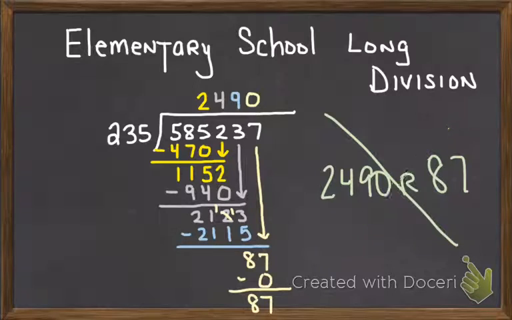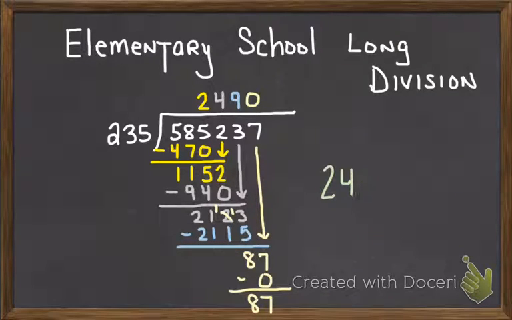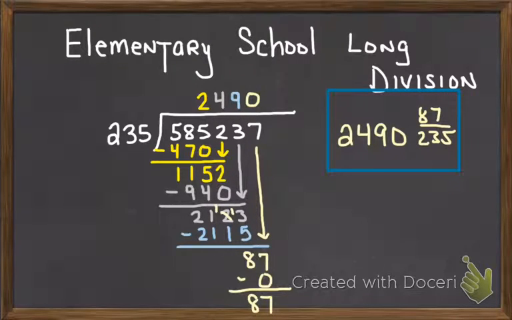That's not going to be good enough. Instead, hopefully you remember, how do I write that? What if I write it like this? 2,490, and I put 87 over that number 235. Notice how I'm not using the words because I want you to figure out what they are.